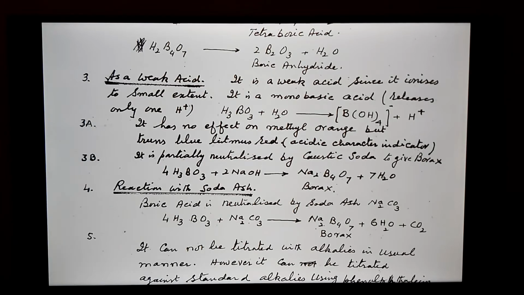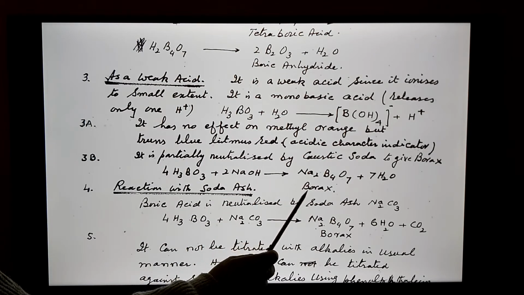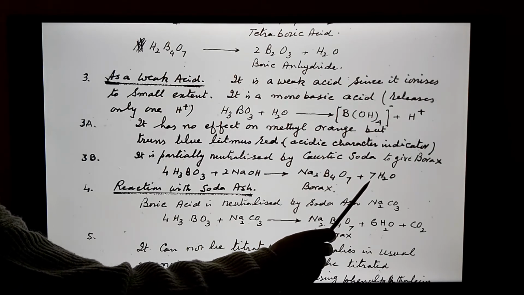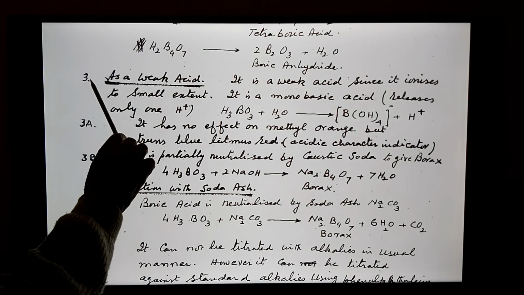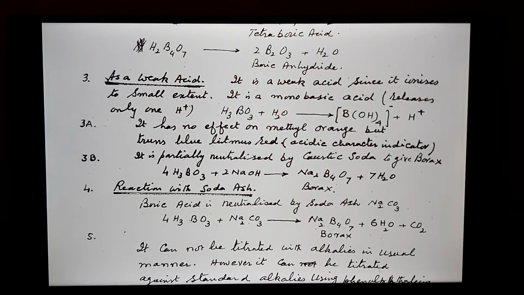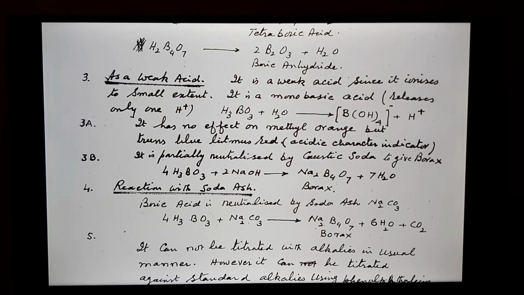So orthoboric acid reacts with an alkali to form the salt borax, sodium tetraborate, plus 7 molecules of water. So these are the 3 points which prove the acidic character of orthoboric acid.